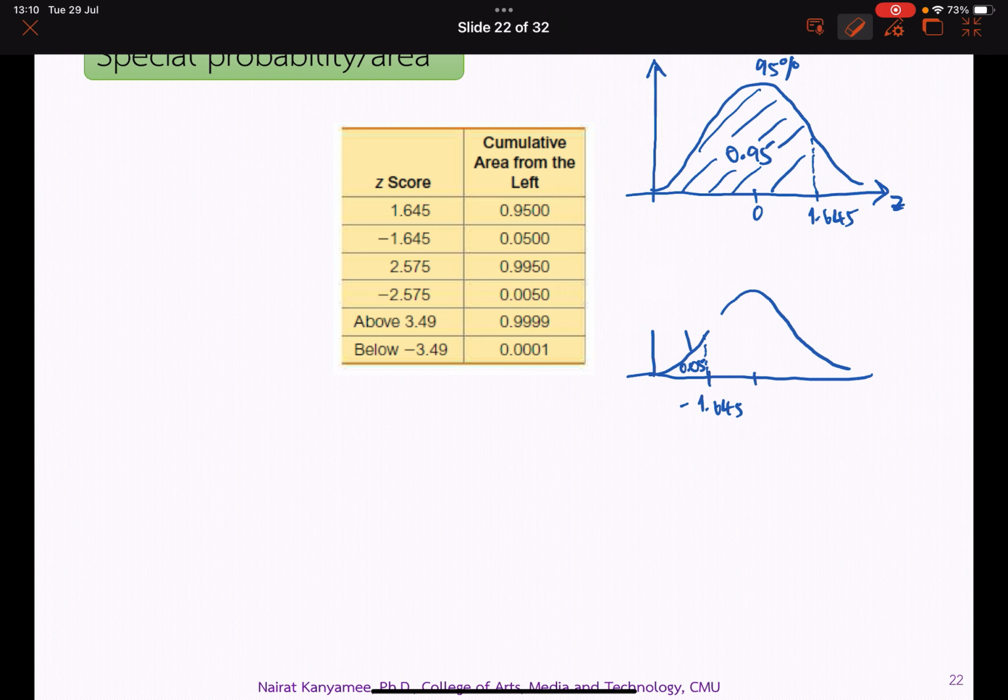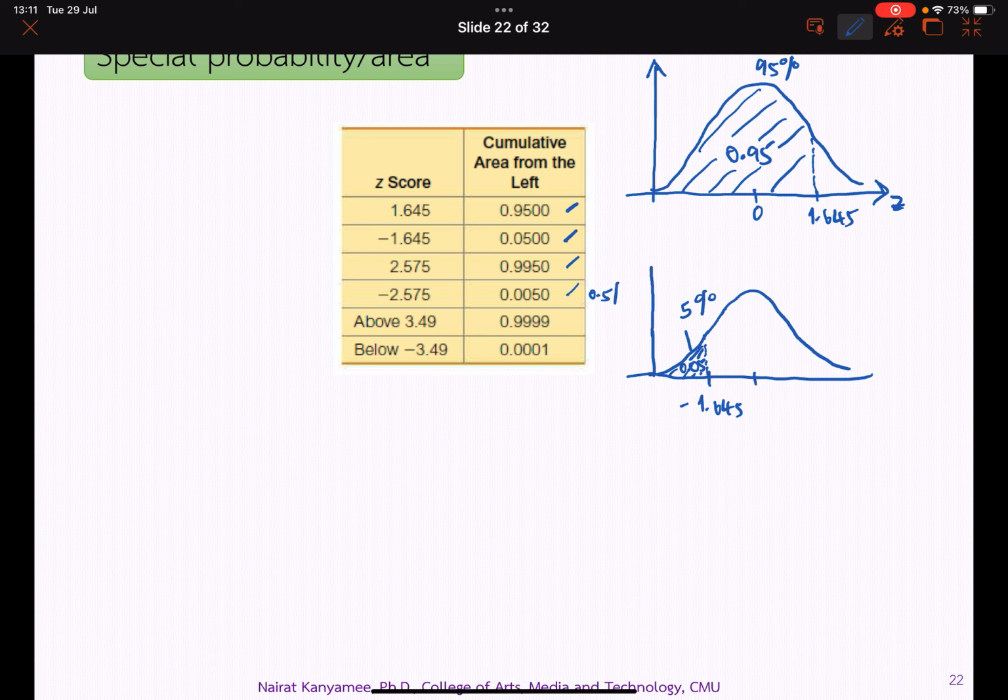So the area here is just 5%, or 0.05. And you can look at the other values too. We have 95%, 5%, 99.5%, and 0.5%.